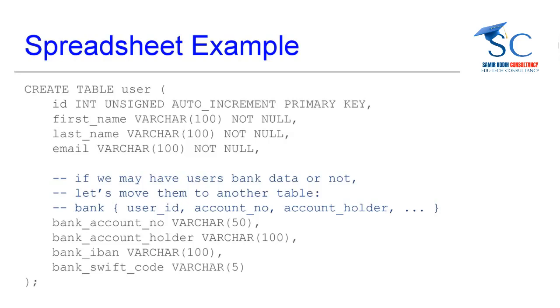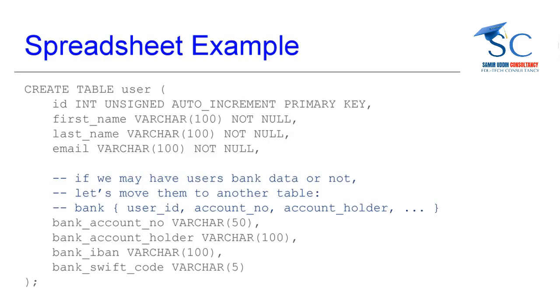So in this case, a bad anti-pattern is to use some columns that can be nullable, like for example bank account number, bank account holder, bank IBAN, and so on. So again, in this case, we will have many columns that could be unused in many cases, which is bad.